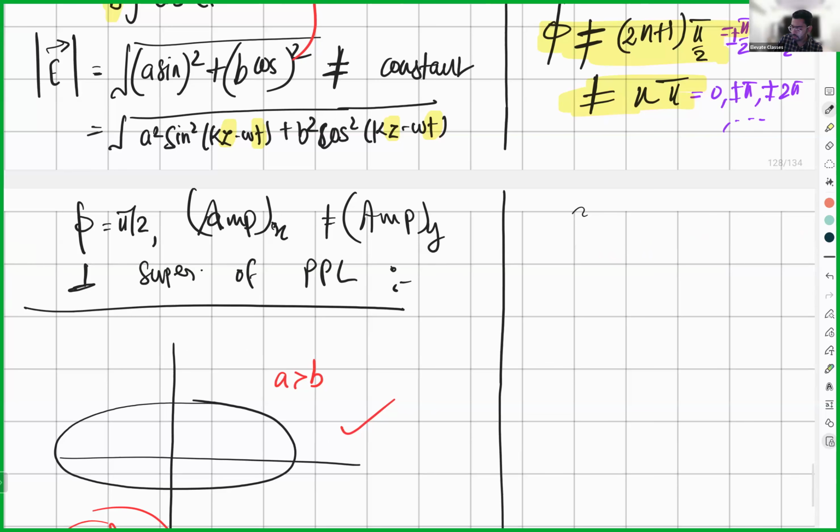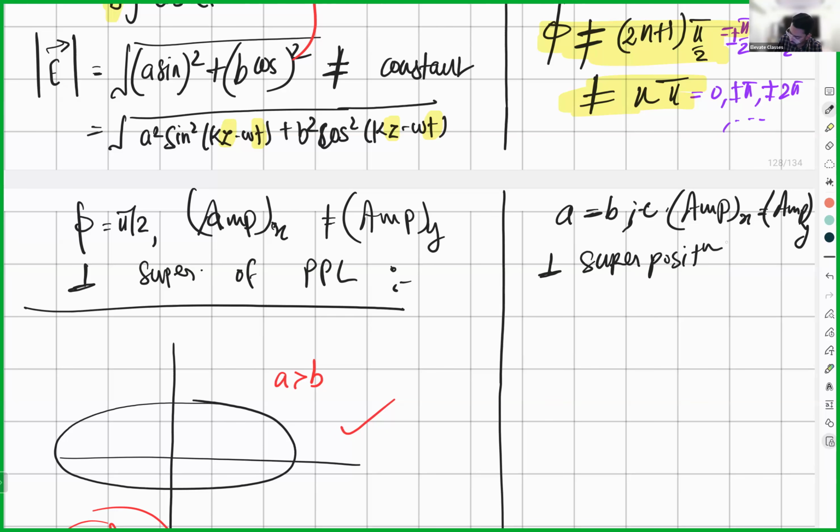We will prove this, why we get an ellipse. So let us say I have now A is equal to B, that is amplitude of X is equal to amplitude of Y, perpendicular superposition, but phase difference not equal to 2n plus 1 times pi by 2, also not equal to n pi.